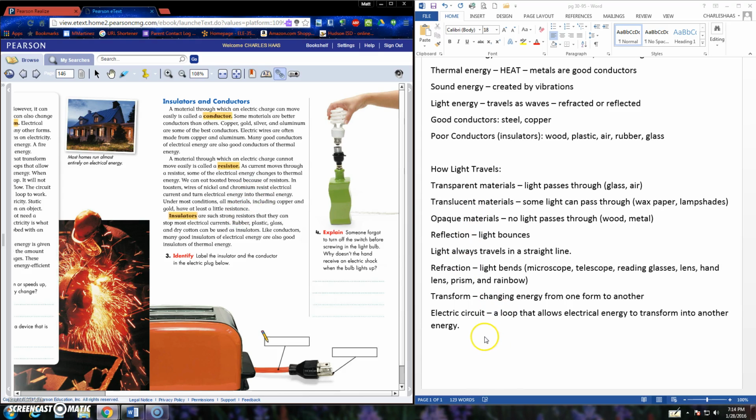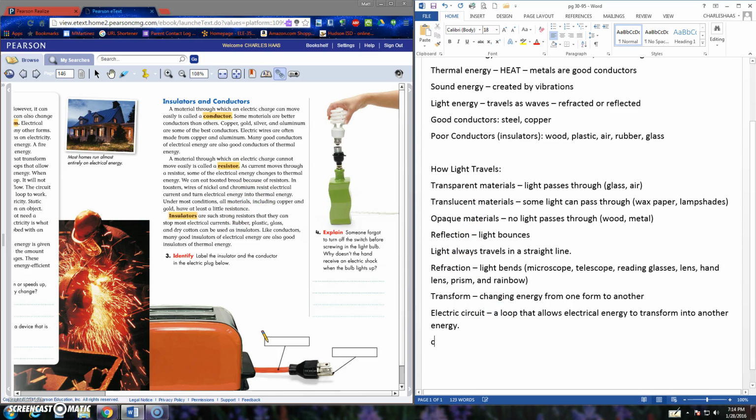I don't think we're going to have to write that one down, but we definitely need to write down conductor. Allows energy to pass through. I like my definition better. Insulator prevents or stops energy from going through.